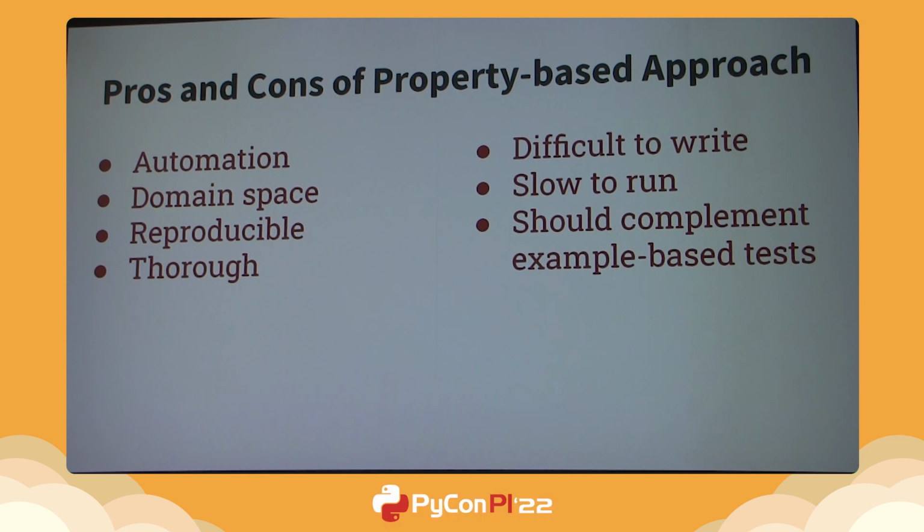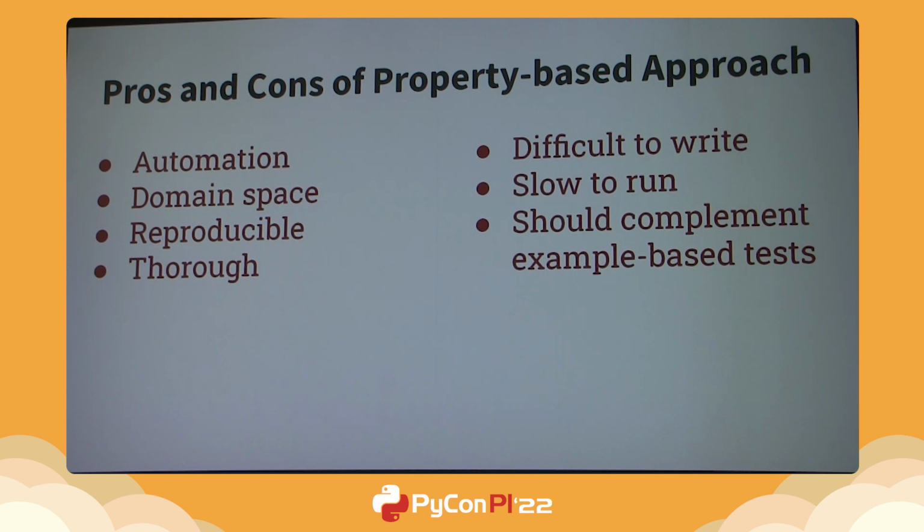The second one is the domain space. In parameterized, we come up with examples, and that process is very limited. We can have a very long list, but that doesn't make our code better. In the property-based approach, we are automatically covering more domain space by generating data.